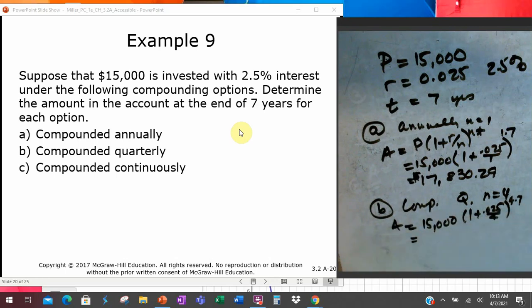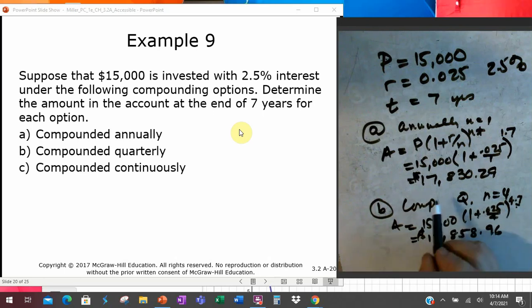Now I do this again and I get $17,858.96.